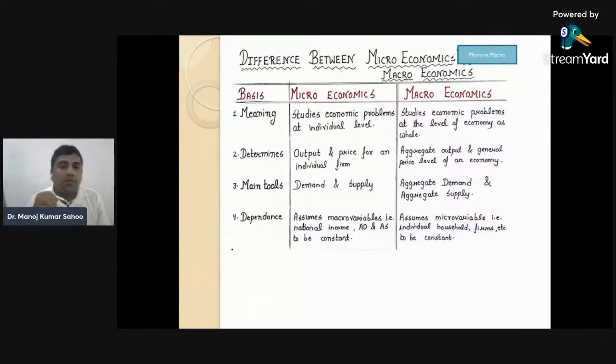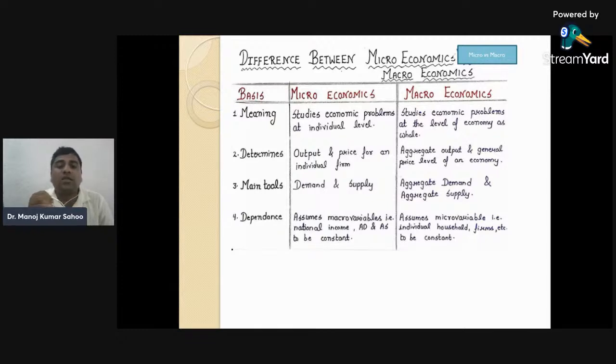And depending upon the dependence criteria, microeconomics assumes variables like individual households, farms, of a particular company, of a particular person.